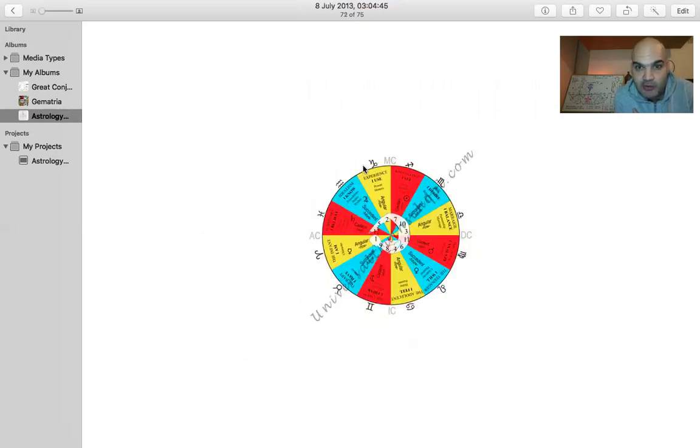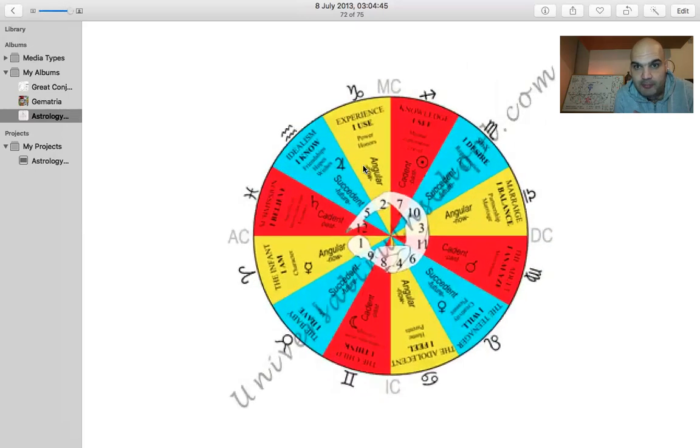Yeah, and also as well, just to show you this, like in normal astrology where you have cardinal, fixed, and mutable signs, well, you have the same with the houses. So cardinal corresponds with angular houses, as we just read about the four angular positions of the rising sign, the MC, the descendant, and the IC.